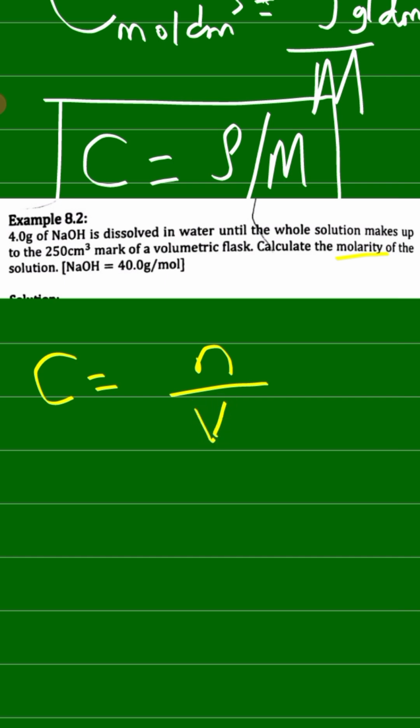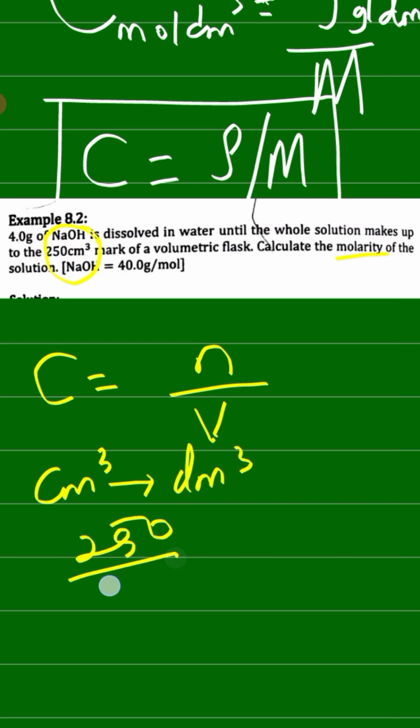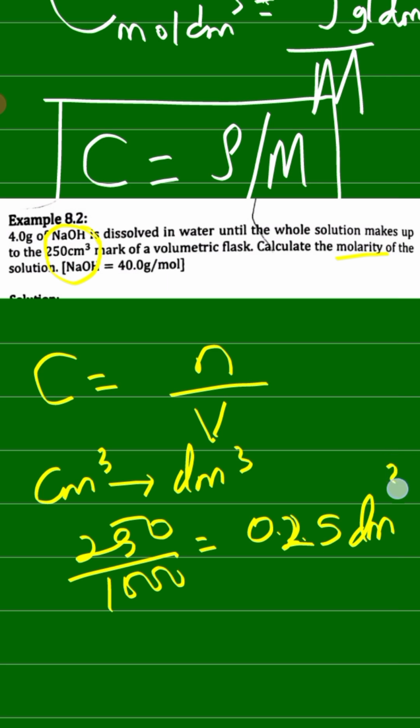But the volume must be in dm cube, and what they gave to us is 250 cm cube. So to convert cm cube to dm cube, you just divide by 1000. So you have 250 divided by 1000, that will give you 0.25. This one will be in dm cube now. So we have gotten our volume.